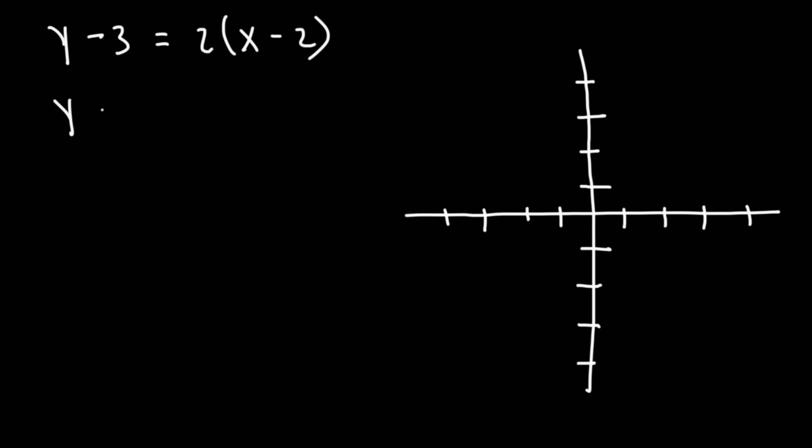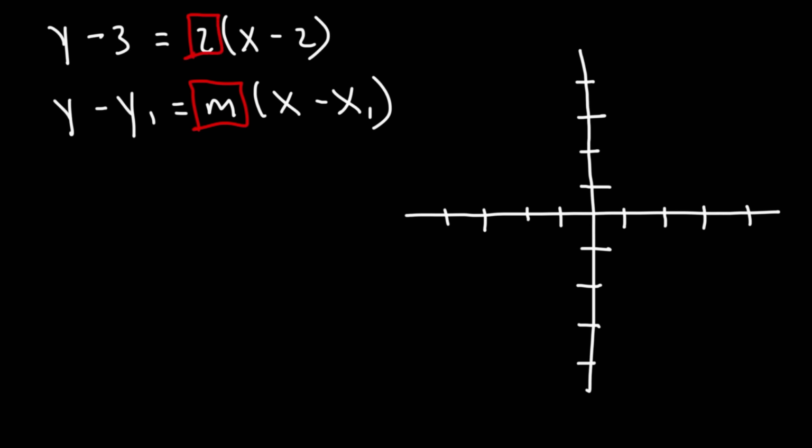So this is in y minus y1 is equal to m times x minus x1 form. That's the point-slope form. In that form, we can find the point and the slope. So here's the slope. The slope is 2.